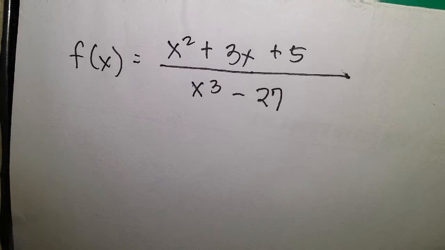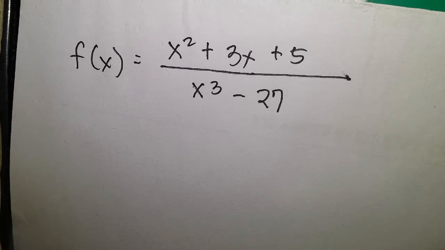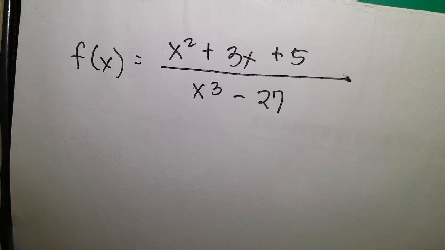In the numerator, x raised to the power of 2 is less than x raised to the power of 3. This means that it has a horizontal asymptote. Why? Because the degree of the numerator is less than the degree of the denominator.